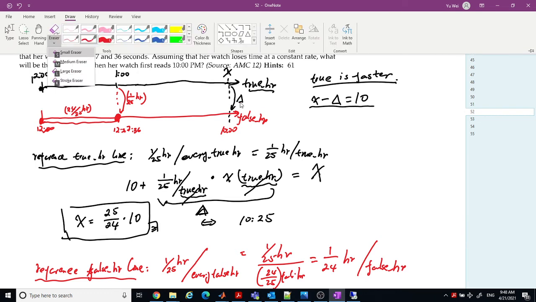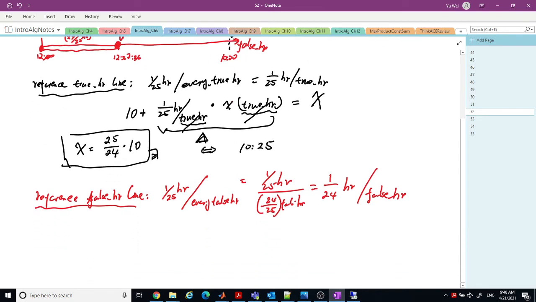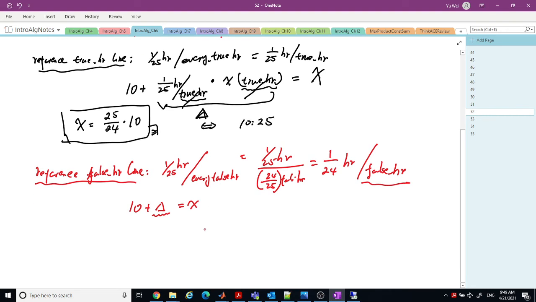We also have at the 10 o'clock, we still have 10 plus delta equals x, right? But how to calculate the delta? We are working on the 4th hour timeline, so the ratio is referenced to the 4th hour.